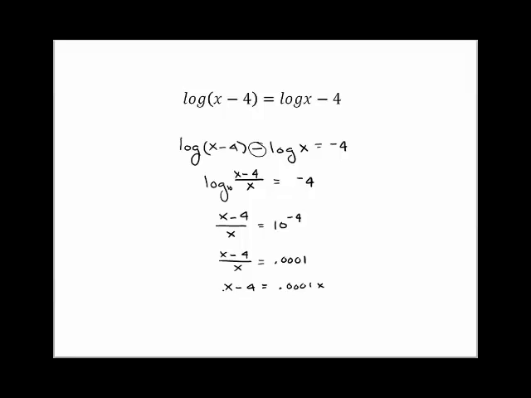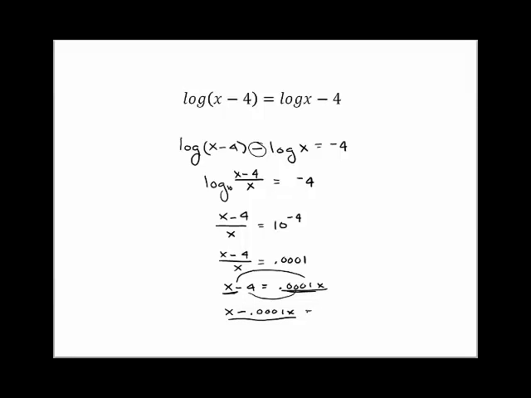Okay, combine x's, right? x minus 0.0001x, and I'm going to put this on this side. This is basic algebra. I'm going to combine the x's right here. There they are.